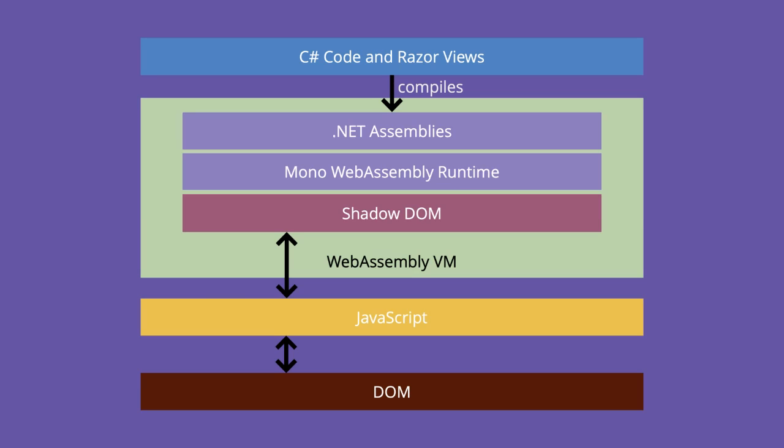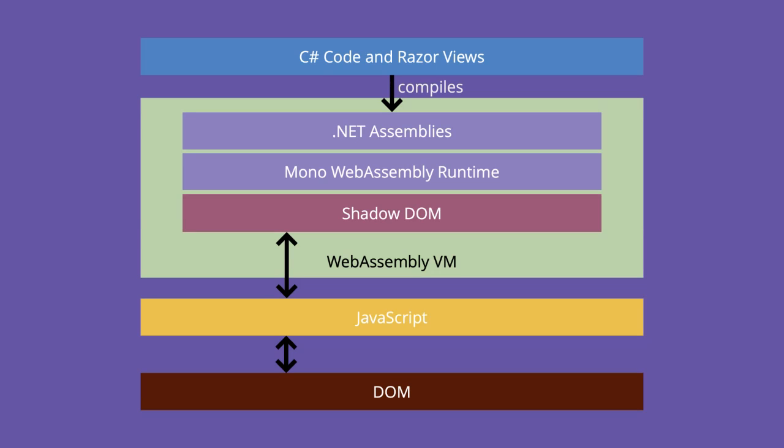So all of this is running in a WebAssembly VM, so in a sandbox. And you see later when we run our Blazor applications that we have all those assemblies downloading to our browser. This sometimes feels a bit strange, because you're used to having just HTML files and images downloading to your browser, but it's fully safe. It's all sandboxed in our WebAssembly VM.